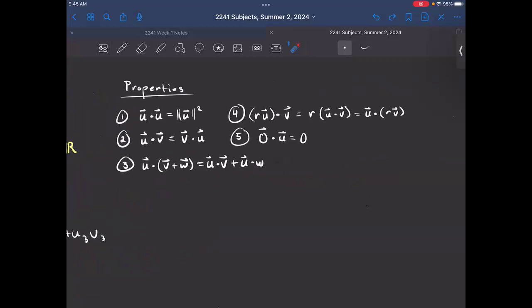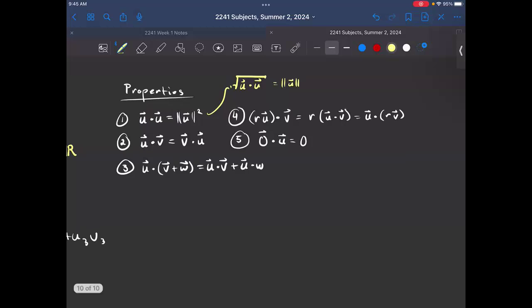So first off, we have that if you take the dot product of a vector with itself, you get its length squared. That also means that if you take the dot product of a vector with itself, and then you take the square root of the number you get out, that is another way of computing the norm. Well, it's not really another way.